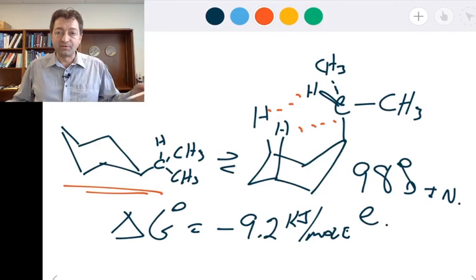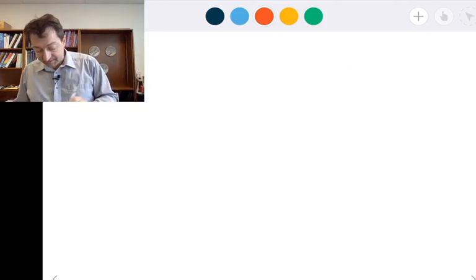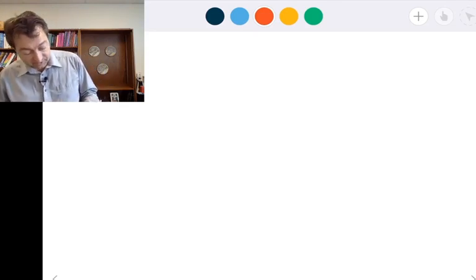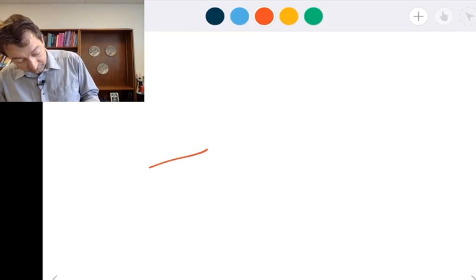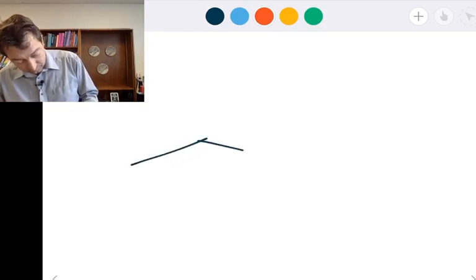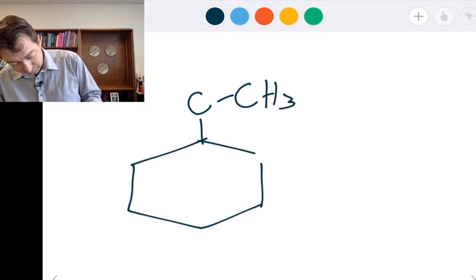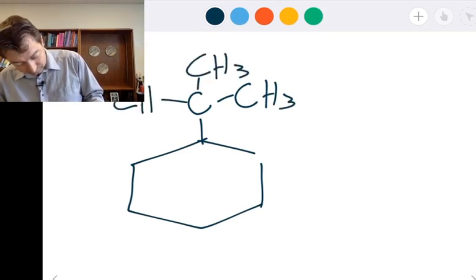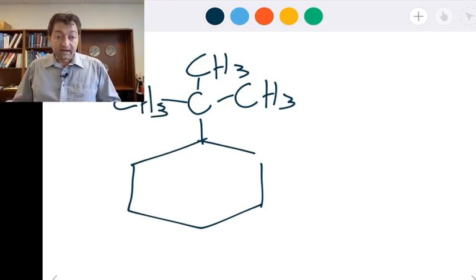Okay, so now you might be asking, well, what happens if we make this substituent even larger? Well, let's take a look at the ultimate substituent that we can make larger. What if we replace that final proton with another methyl group? So there, I've replaced that with a methyl group.